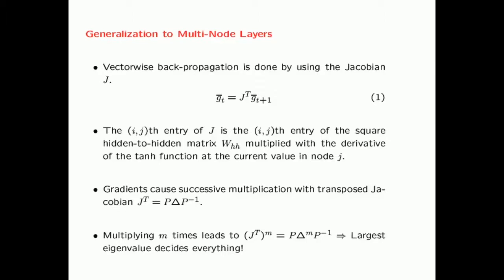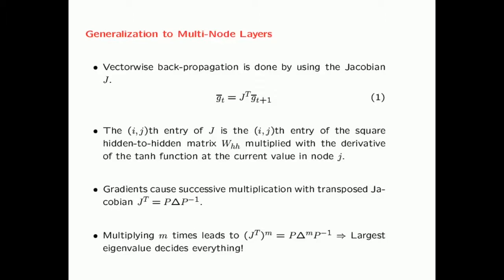Now this Δ^m is a diagonal matrix being multiplied by itself m times. And when you multiply a diagonal matrix with itself m times, each entry in the diagonal gets multiplied by itself m times. So in this case, the largest eigenvalue decides everything. If the largest eigenvalue is larger than 1, then the diagonal matrix's largest eigenvalue keeps increasing, so the overall matrix, the transpose of the Jacobian to the power of m, also blows up.